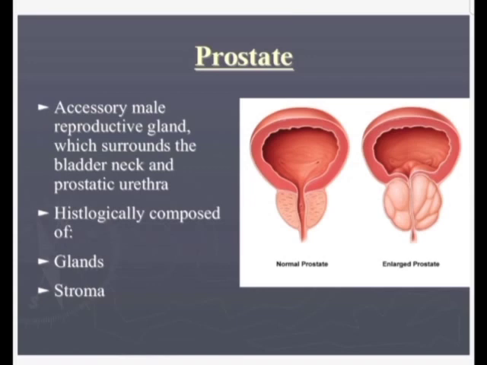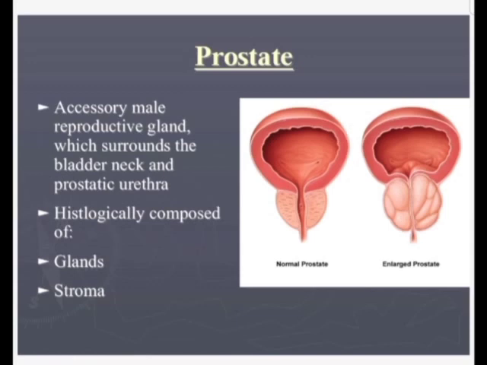Now the prostate gland. The prostate is in reality a collection of 30 to 50 small compound tubuloalveolar glands, and the ducts from the individual glands converge to form 16 to 32 terminal ducts which open directly in the prostatic part of the urethra.